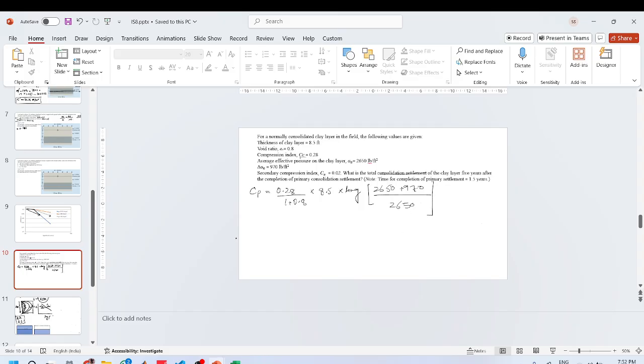Okay, then we have secondary consolidation, which is equivalent to C alpha over 1 plus EP.